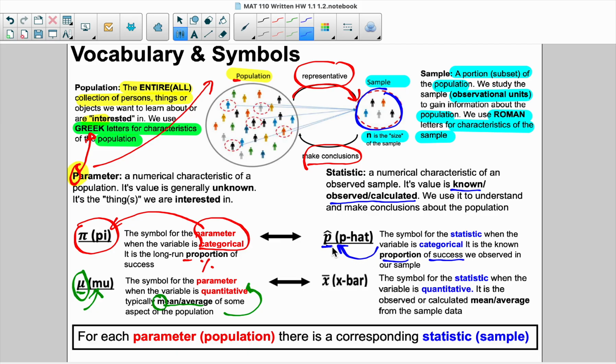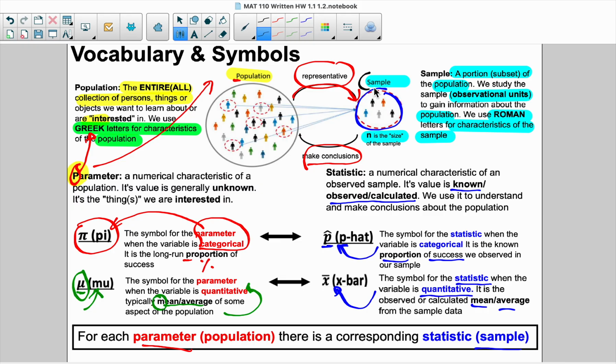Okay, so I'm still using the letter P, but now we're using just Roman letters. Okay, and then if I take my sample statistic and it's quantitative or average or mean, that symbol we use is x bar. Every population parameter has a corresponding sample statistic. Okay, so they come in pairs. We just use different symbols so that we know whether or not we're talking about the population or the sample.